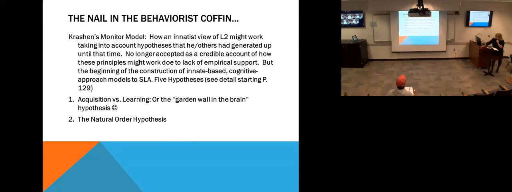So what you've got there in the beginning is how an innatist view of L2 might work, taking into account hypotheses that he and others had generated up until that time. He was the first one that said, I like this idea of an innatist second language acquisition model, and I can use it to teach.